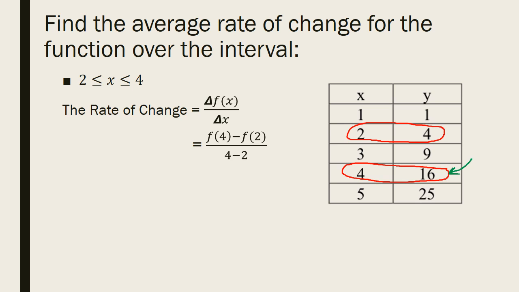And the output of 2 is 4, which is the value that we can find here in the table. So I can switch the notation of f of 4 minus f of 2 with 16 minus 4. And if I solve the whole expression, I'm going to end up with 6.